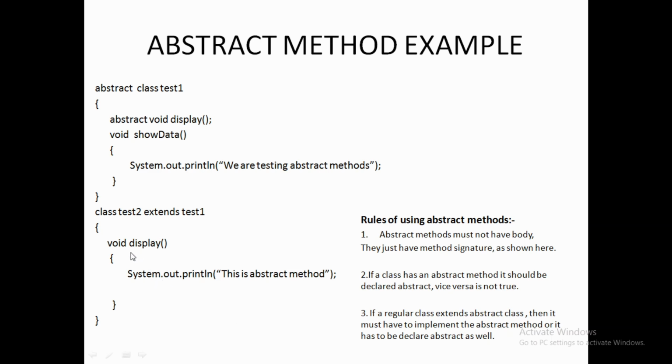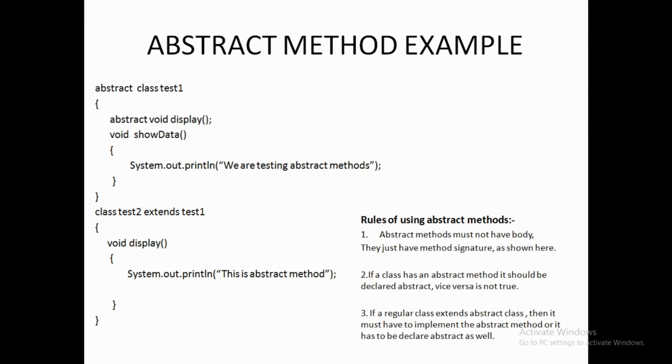As you can see here, the display method, which is an abstract method inside the test1 class, inside the test2 class, which is a derived class, the display method has a function body. This is mandatory.